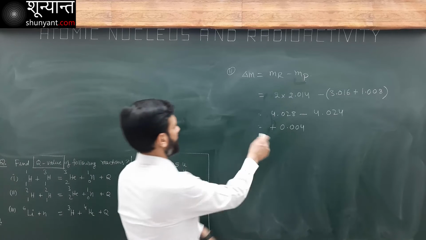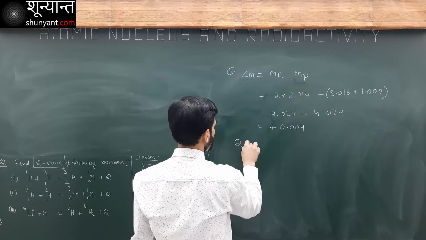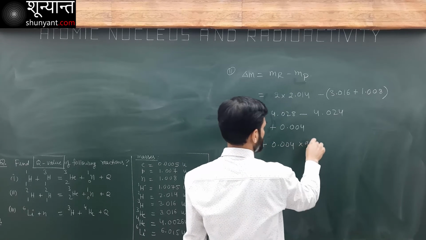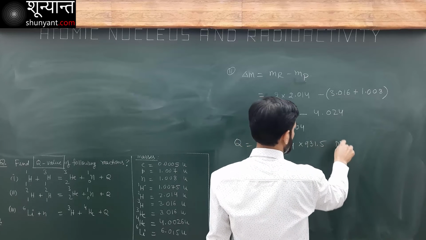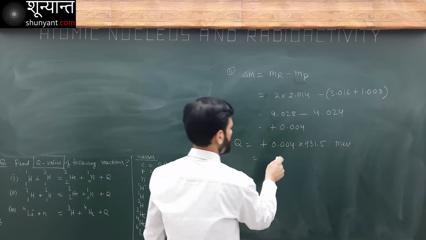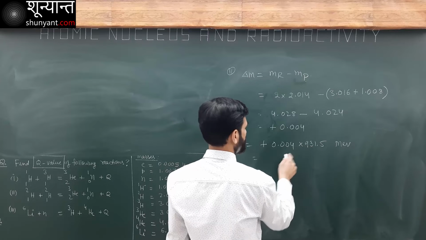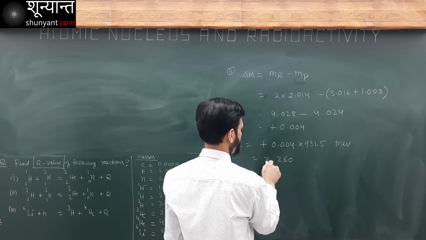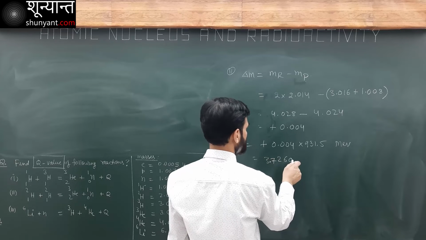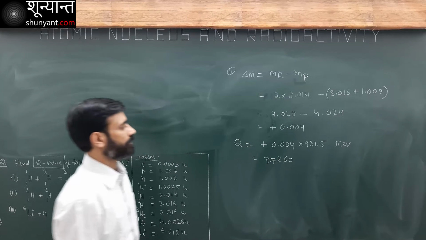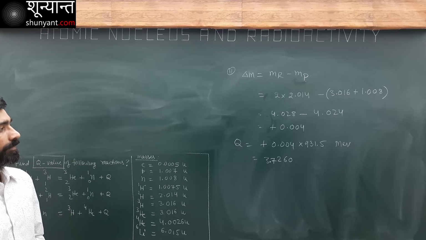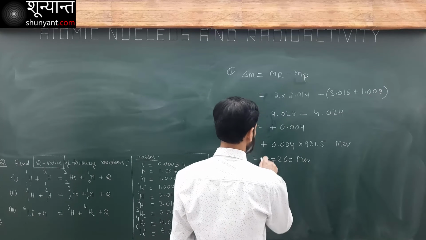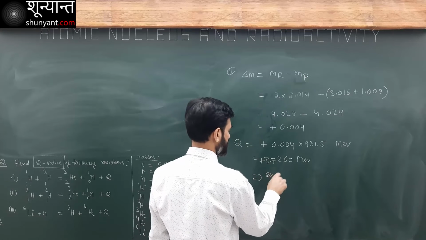Now what is the Q value? Plus 0.004 times 931.5 MeV, which comes to about 3.726 MeV. It's a positive answer, that means it is exothermic.